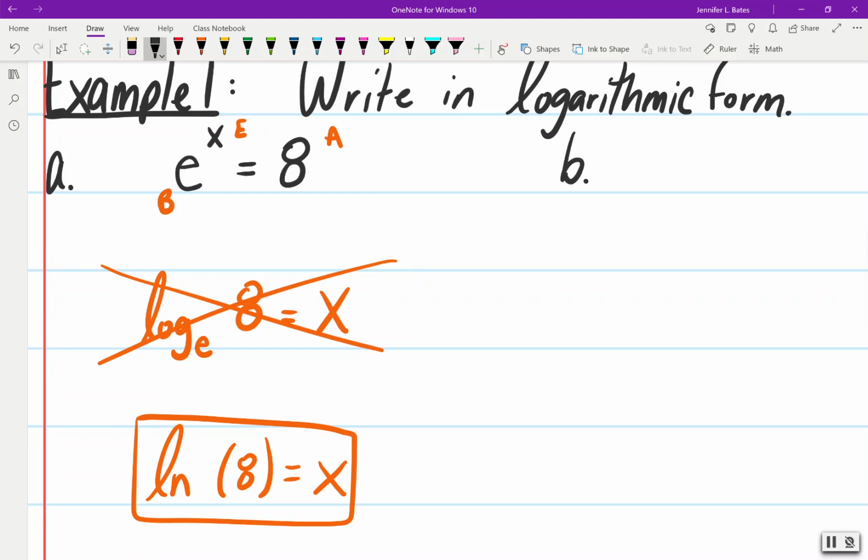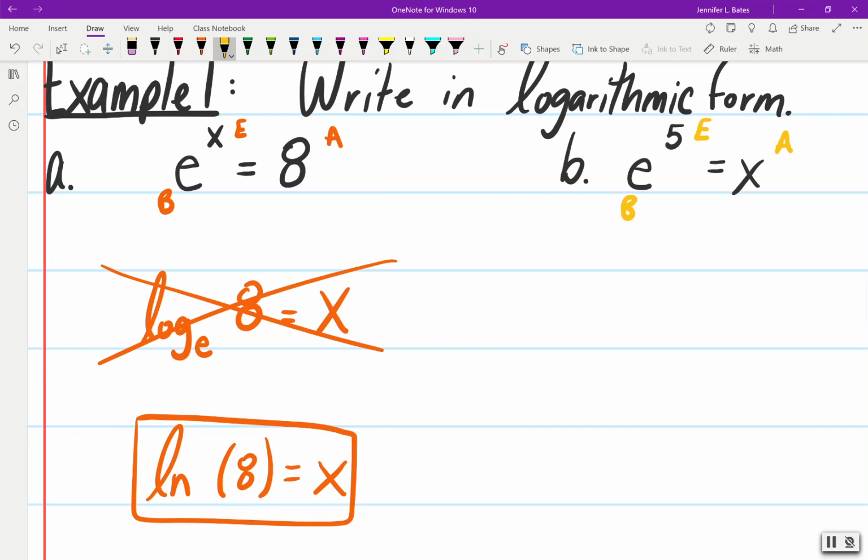This is example B. We are given e to the 5th power is equal to x. Okay, same idea. This is an exponential. So in exponential form, we have a base raised to an exponent equal to an answer.